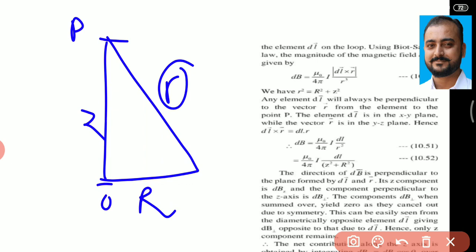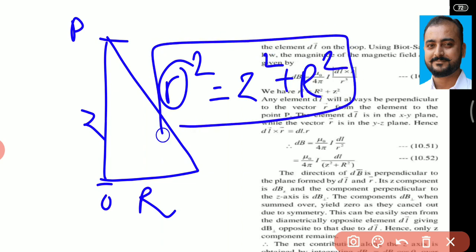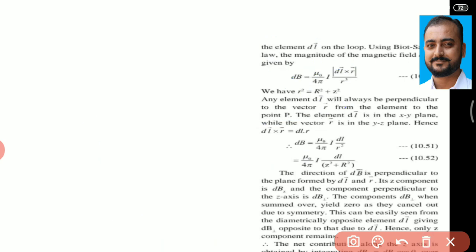According to the Pythagoras theorem, R square is equal to z square plus r square, and by substituting this value in the given relation, the value of dB is mu 0 upon 4 pi, I dl upon z square plus r square. Understood this formula?